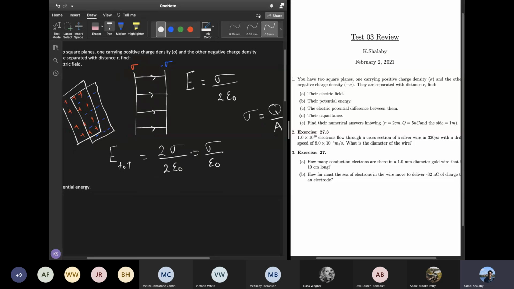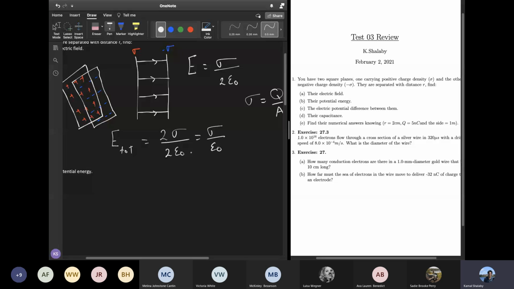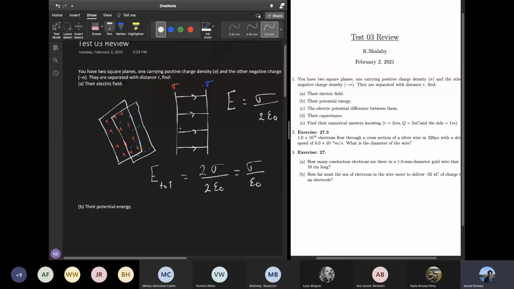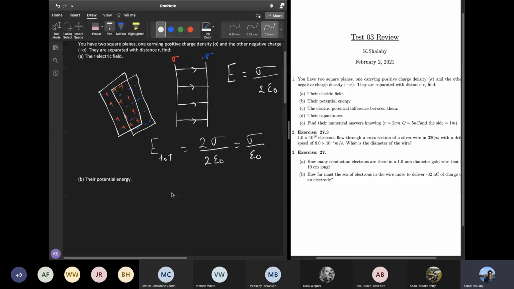So then the next question would be, what would be the potential energy of this system? So in general, what is the potential energy U equal to?